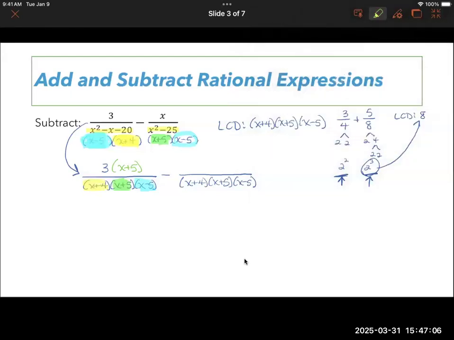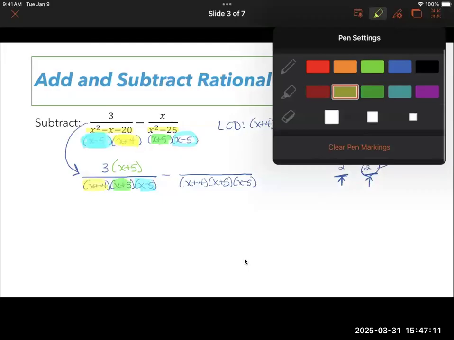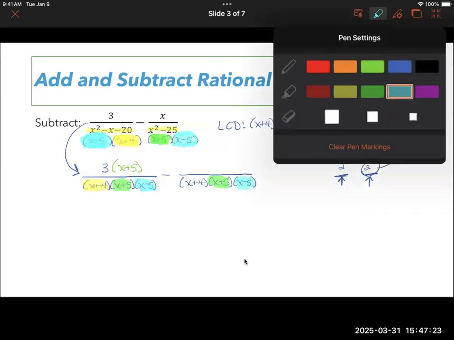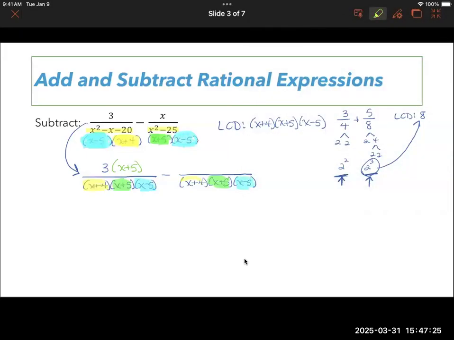Then we look at the same thing in the second fraction. We have the x plus 5 this time that matches. We have the x minus 5 that already matches, and it's the x plus 4 that we are missing.